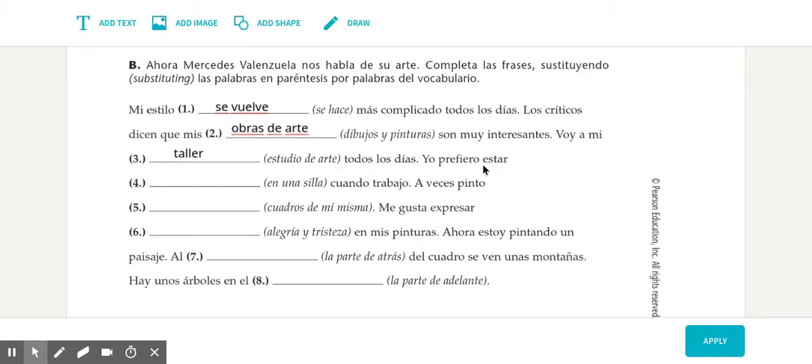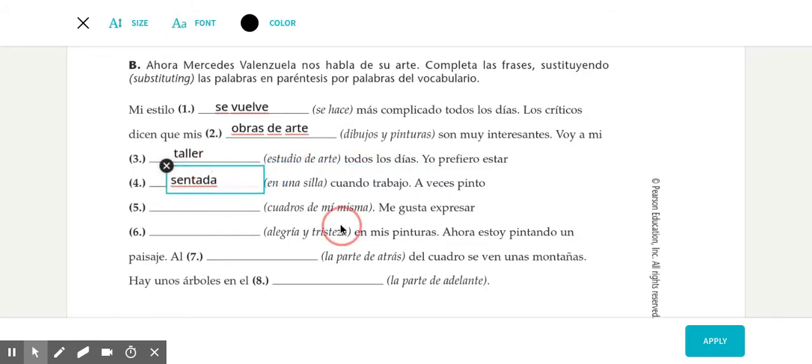Yo prefiero estar en una silla. If you're in a seat, that means you're seated. Sentada, ¿verdad? Estar sentada. Now she's saying she prefers to be seated. So it's going to be feminine because she's talking about herself, Mercedes Valenzuela, ¿no? Sentada cuando trabajo. So I prefer to be sitting down when I work.